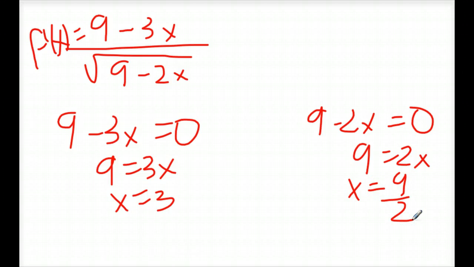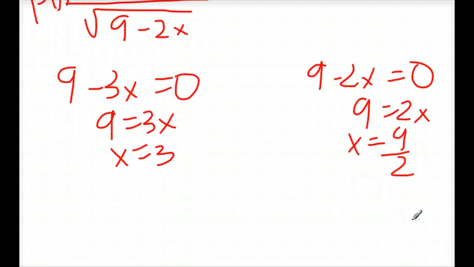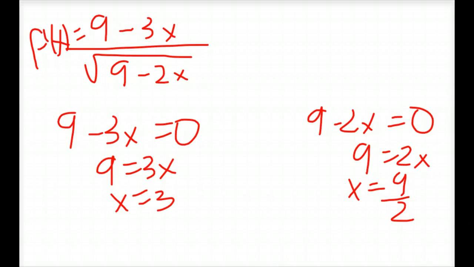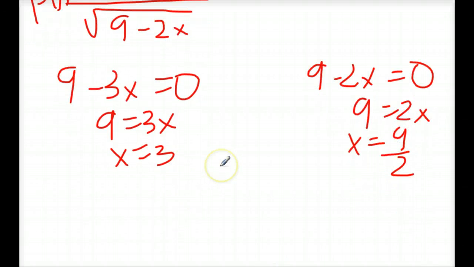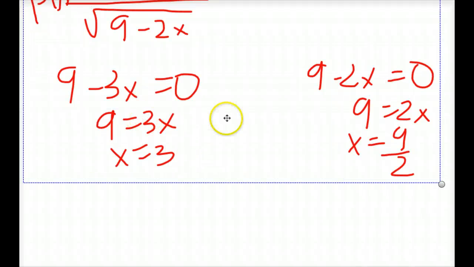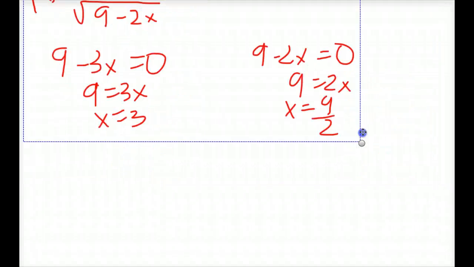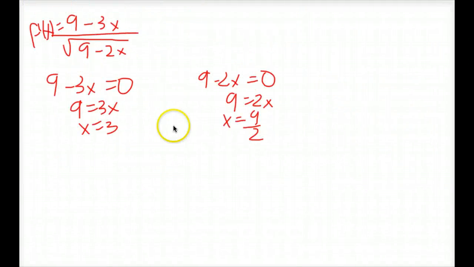So let's go ahead and draw our number line. And what I'm going to do is make this a little bit smaller just so we can see everything. Alright, so let's do a number line right here.